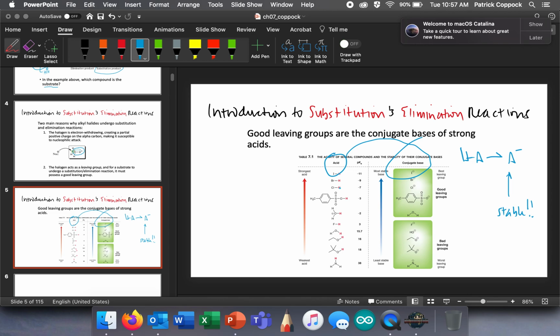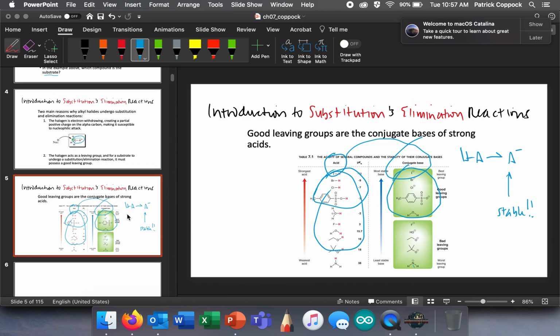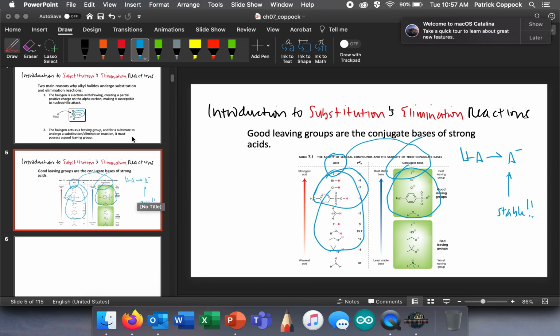This is genius. Because we know what good acids are, right? There's some decent acids, and the good ones are up here. Because we know what good acids are, we know these are stable. And these are not stable because they are not conjugate bases of good acids. All right. So that's a good start on it.